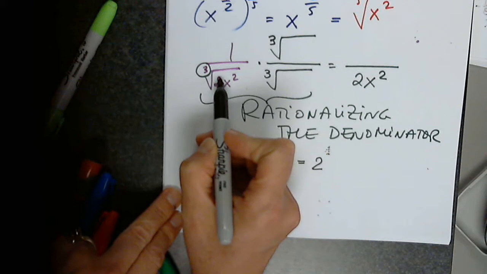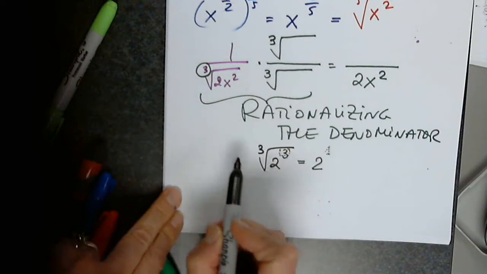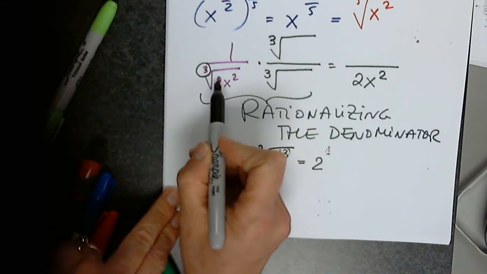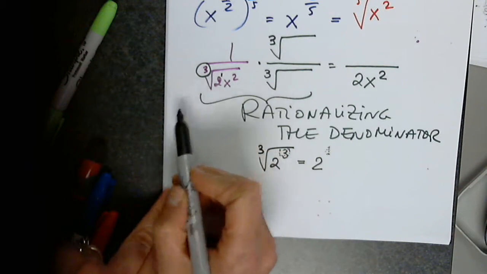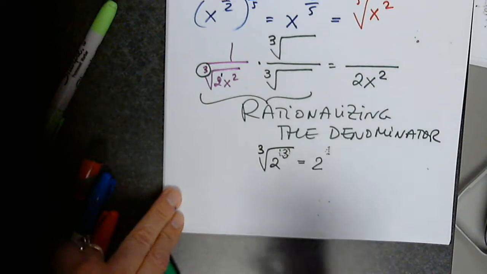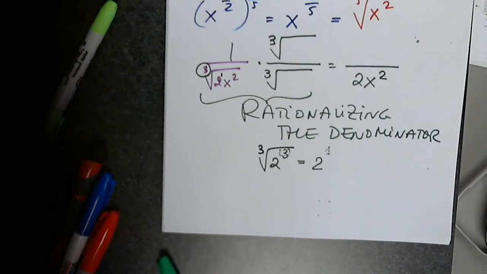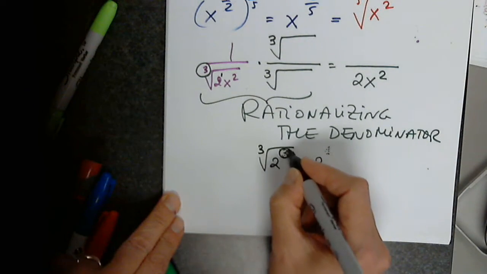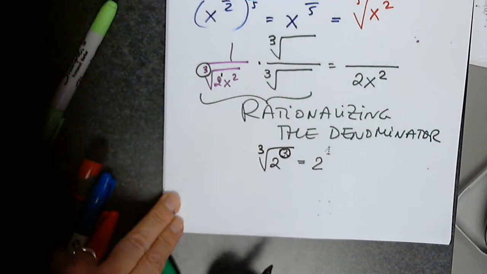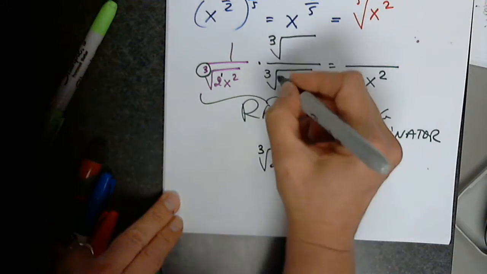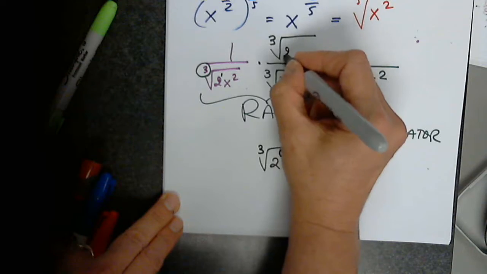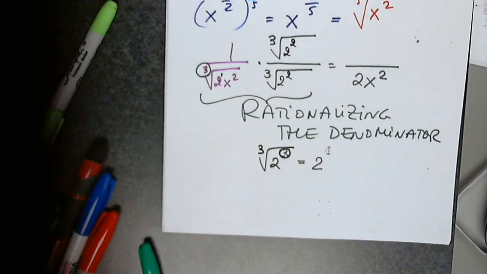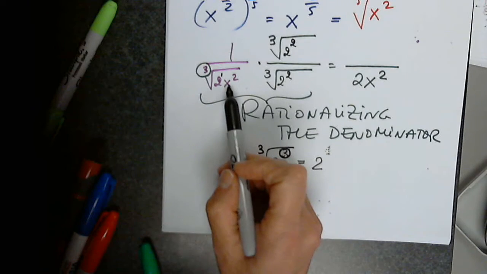How many 2's do I have here? 1, right? How many more do I need, or how many am I missing to get the 3 as the power of 2? That's it. I will think in the same terms for x.